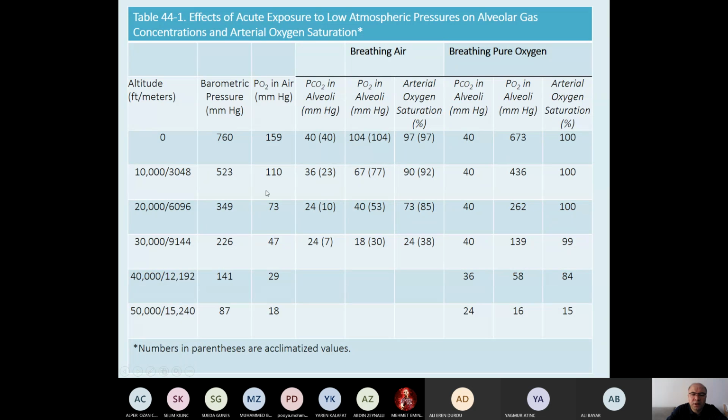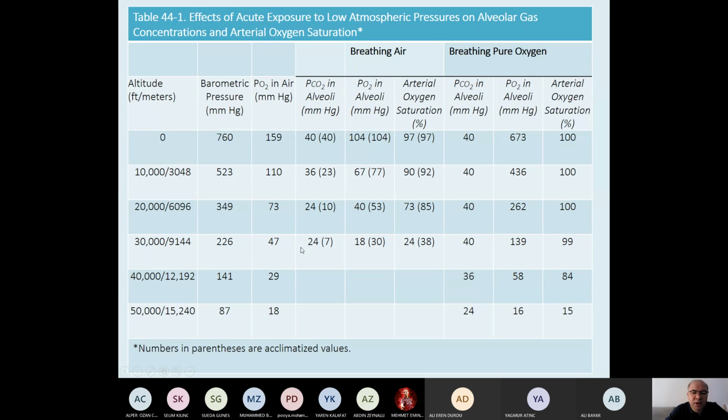In airplanes, they have a pressurized cabin, and then we breathe air rich in oxygen. At about 9,000 meters high altitude, as you see, the oxygen partial pressure goes to very, very low values, and oxygen saturation is very, very low, only 24%, and oxygen in the alveoli is 18, and in acclimatized people it is 30.